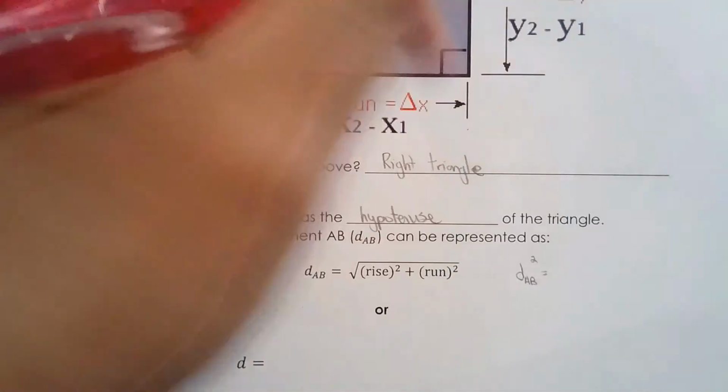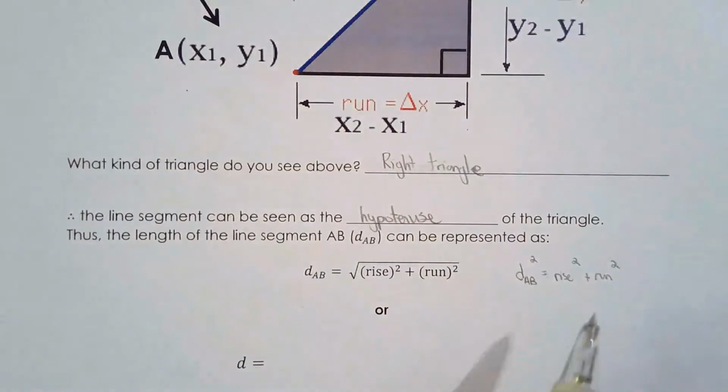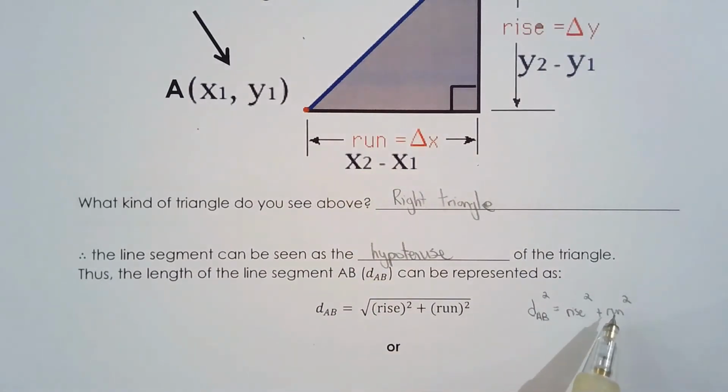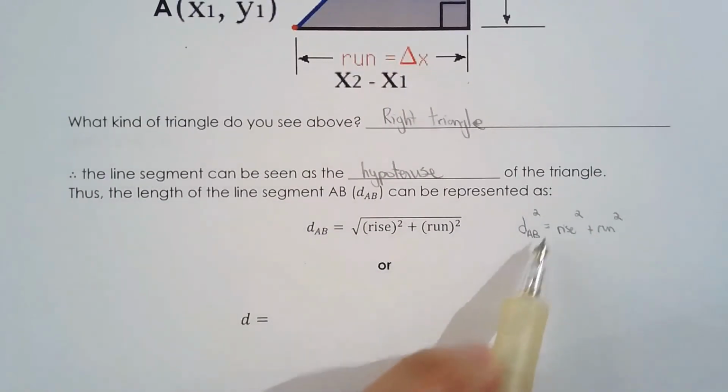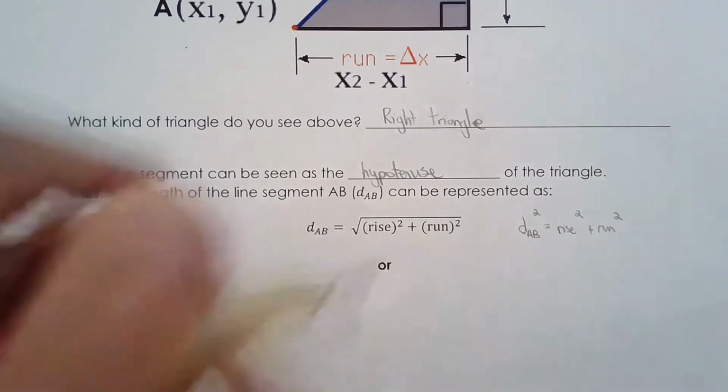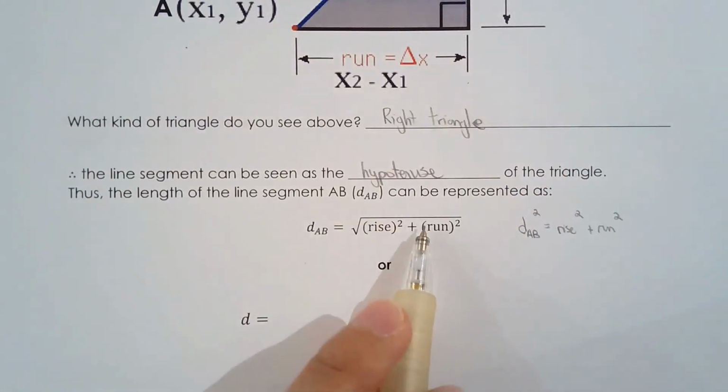So it's equal to the rise squared plus the run squared. The two legs are the rise and the run. It's equal to the hypotenuse squared, and the hypotenuse is our line segment here. So what we want to do is square root both sides, because we want to isolate the distance or the length of the line segment. So that's how I went from here to here.